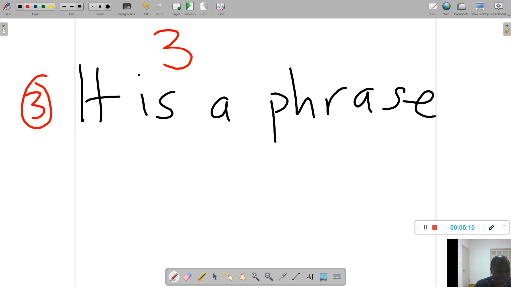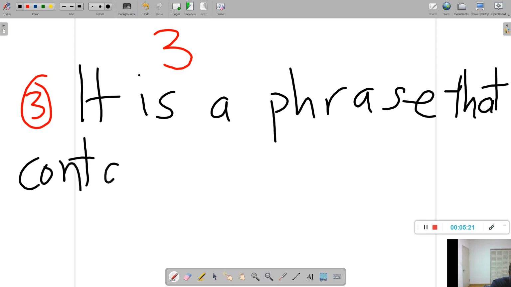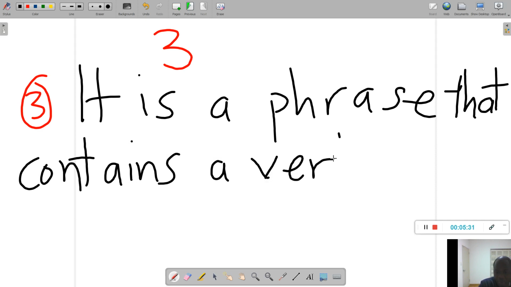It is a phrase that contains a verb. That's what I said earlier: all the words in the sentence after the verb, the whole thing, becomes a predicate.